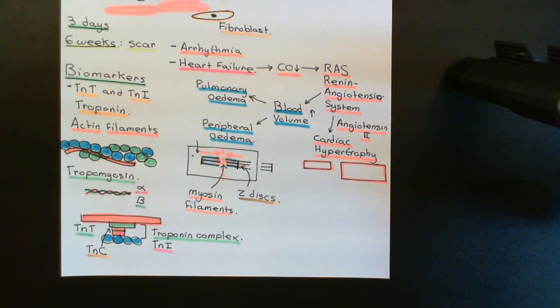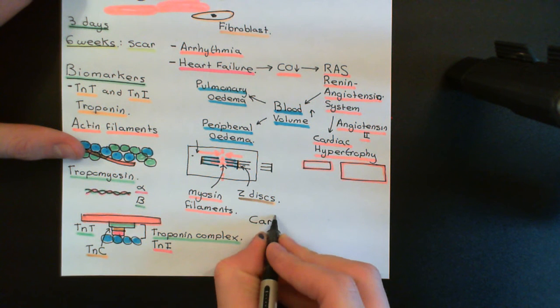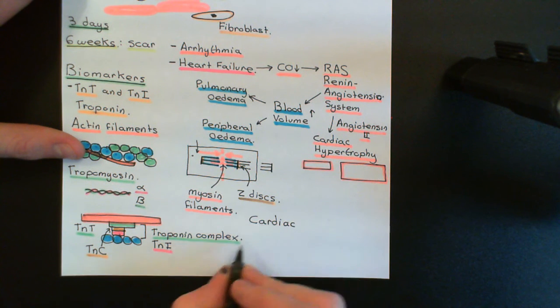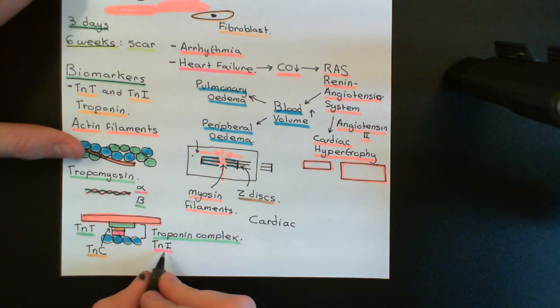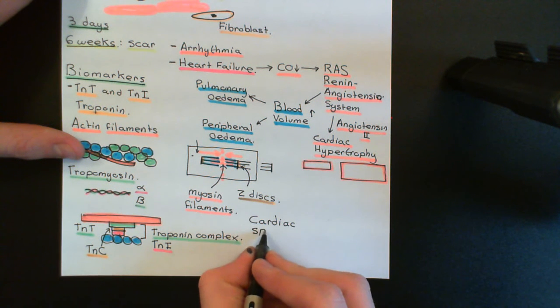So this is what we mean when we say cardiac-specific troponin T, or cardiac-specific troponin C, or cardiac-specific troponin I. We mean the specific protein that is actually used and performs that function in cardiac muscle cells. Okay, the specific version of it.